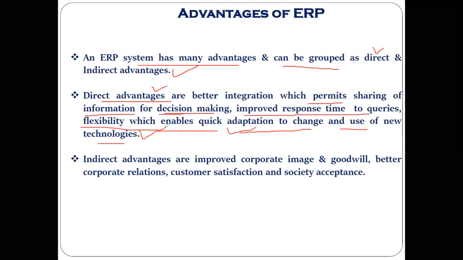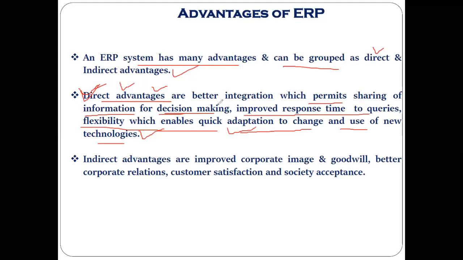Understood? So these are directly associated with our ERP advantages. These are directly attached functionalities or directly performed roles by the ERP, and that's why they come under the category of direct advantages.